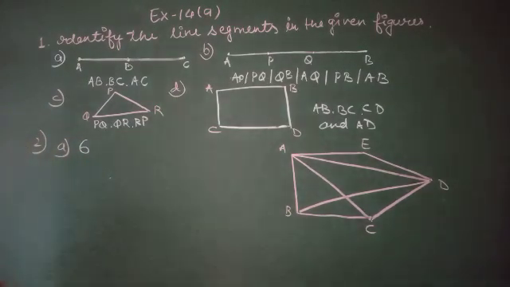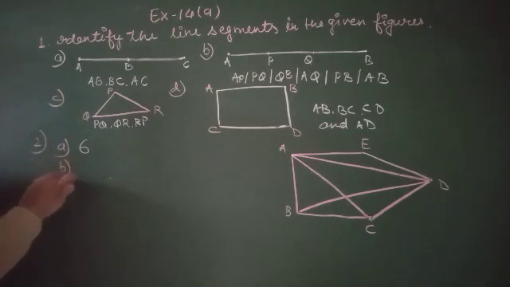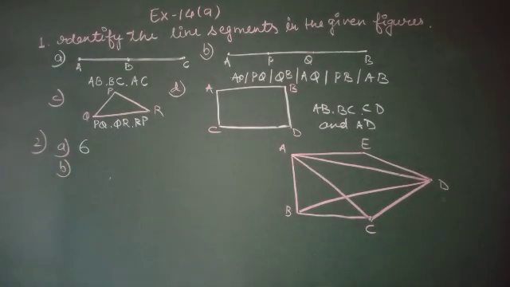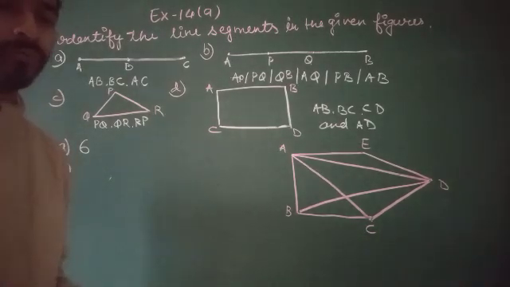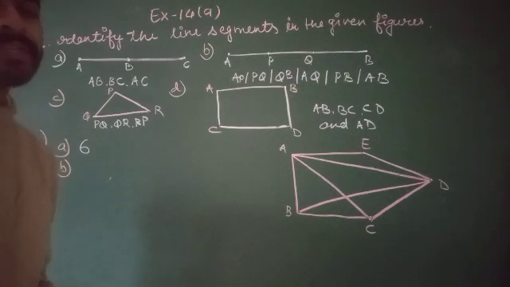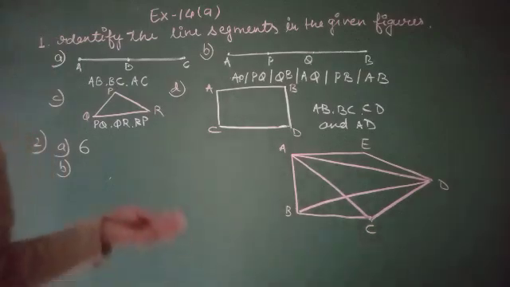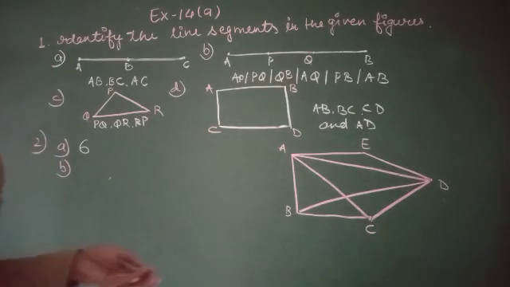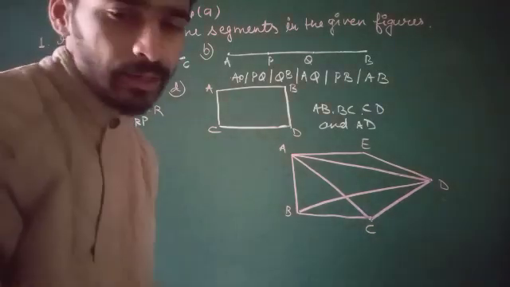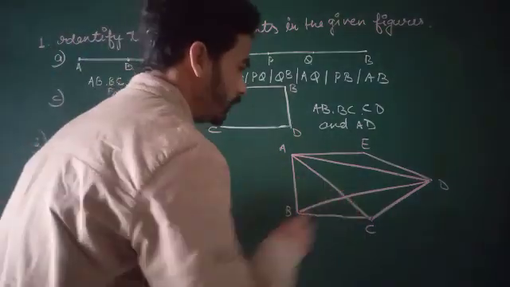Question number B. Name 6 points in the figure. You can name any 6 points in the figure. There are many points, and there is F also.